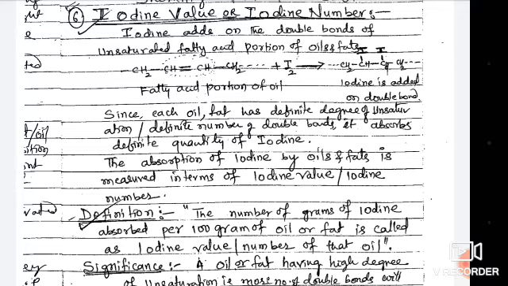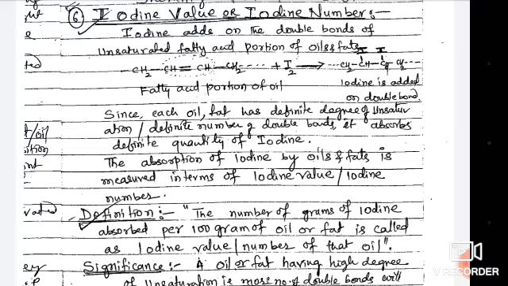With the help of this iodine value or iodine number, one can determine how many unsaturated groups are present in the given oil or fat. Since each oil and fat has a definite degree of unsaturation, or a definite number of double bonds, it absorbs a definite quantity of iodine, because the iodine adds across the double bond.